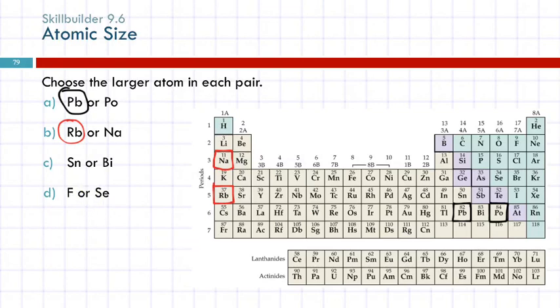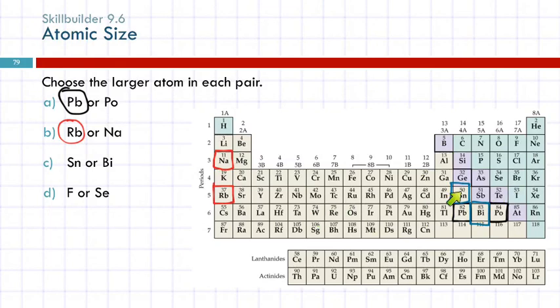Tin or bismuth? Let's pick a different color here. So here's bismuth and here's tin. Well, let's look at the trends. If we're going down, bismuth is below tin, so that would predict bismuth being larger.